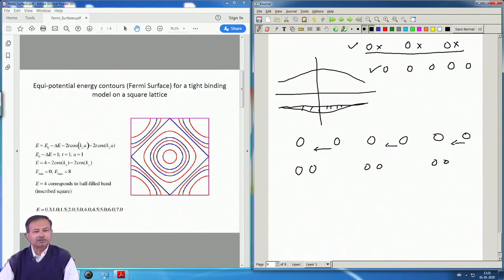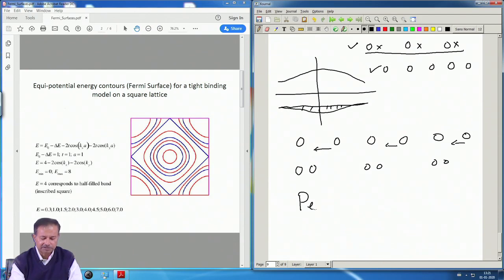This kind of distortion does take place in low dimension systems, 1 and 2 dimensions, and of course it requires electrons to couple to phonons. That kind of calculation was done long back by Rudolf Peierls.